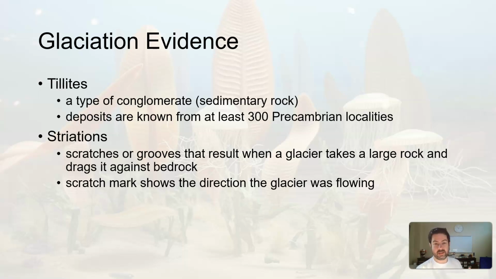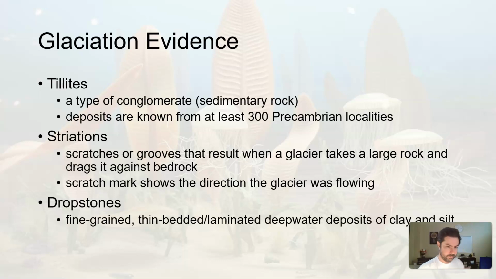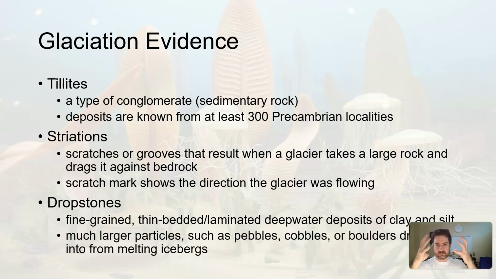So tillite is a type of rock, striations are in bedrock, and then we see drop stones as well. We talked about these a little while back. In usually fine-grained, very thin-bedded or thinly laminated sedimentary rock that indicates deep water deposits of clay and silt, we'll get these much larger chunks of random rocks that plopped and dropped into this sediment, and then the layers continue to form around it.